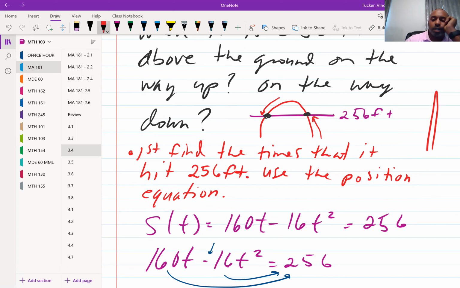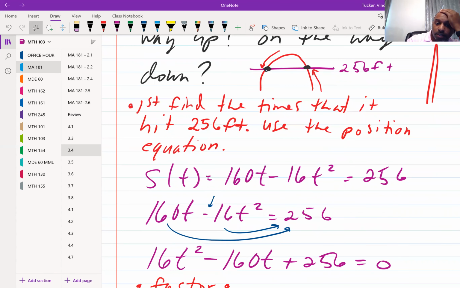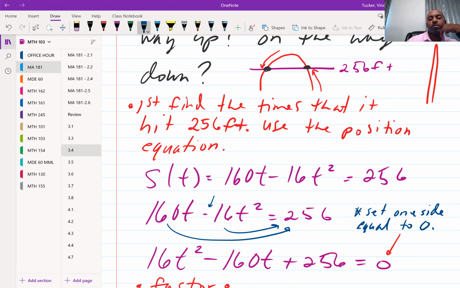So we set the position equation equal to 256 because we want to know when it is equal to 256. I added 16t squared and subtracted 160t from both sides so I can set one side equal to 0 and solve my quadratic equation. That's all I did there, just set one side equal to 0.